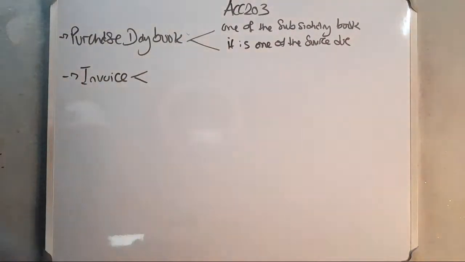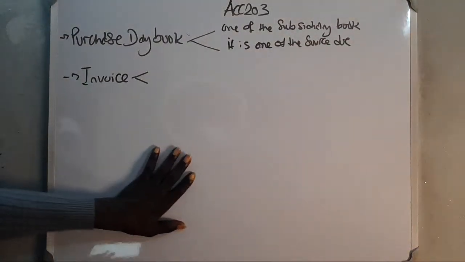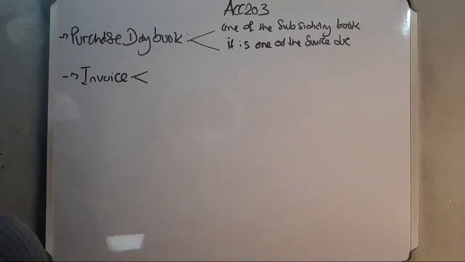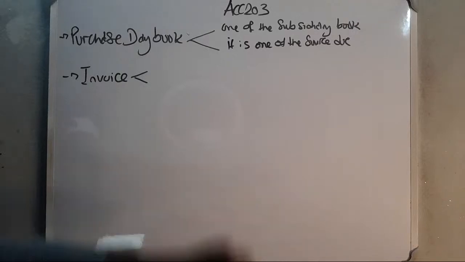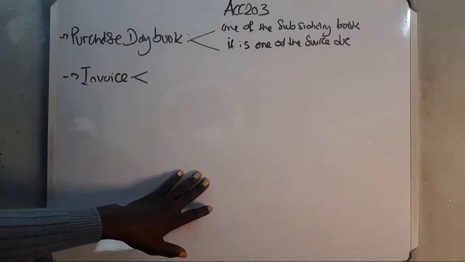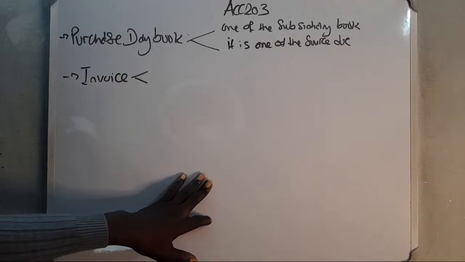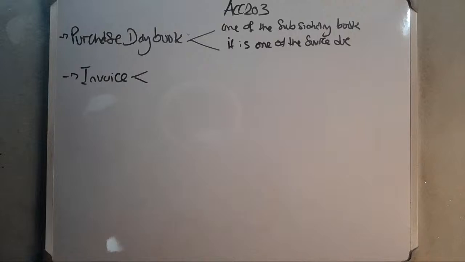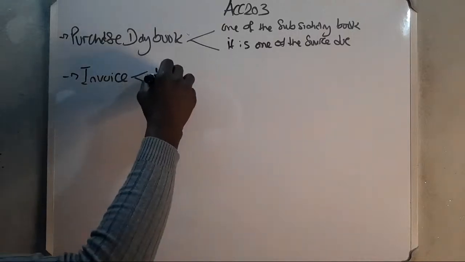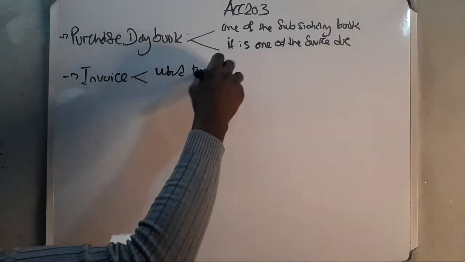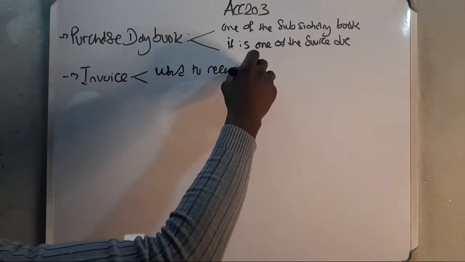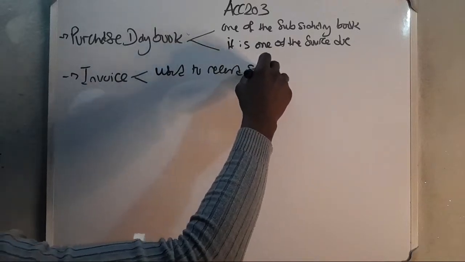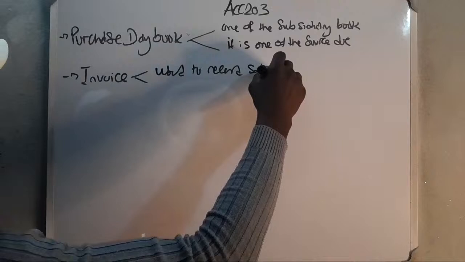So this invoice is exchanged between buyers and sellers of goods and services, for goods and for those that render services. For the seller, the invoice is used to prepare the sales day book, used to record sales on credit.